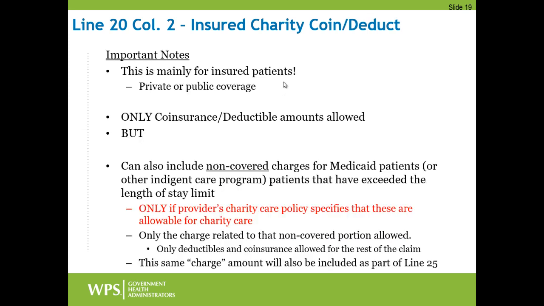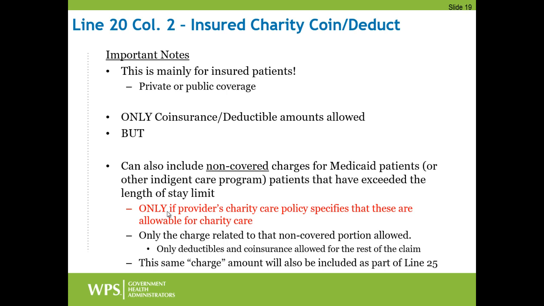The first thing to note here with column 2 is that this is basically for insured patients, whether they have private or public coverage. We should only include the coinsurance and deductible amounts. You're never going to report a charge or any other amount like that. But you can also include those non-covered charges for the Medicaid patients that exceeded the length of stay limit, as we said.